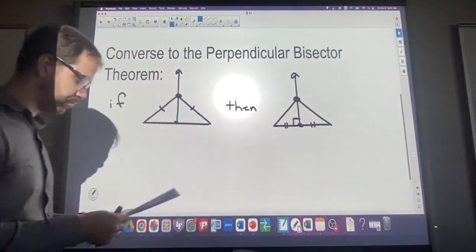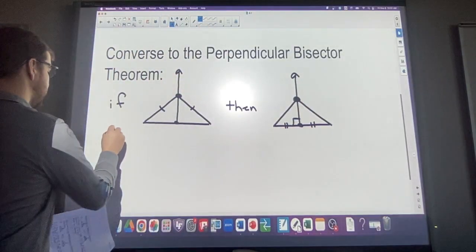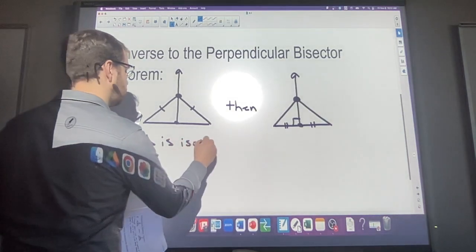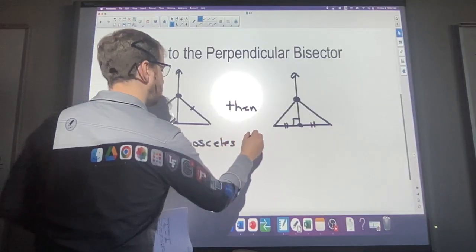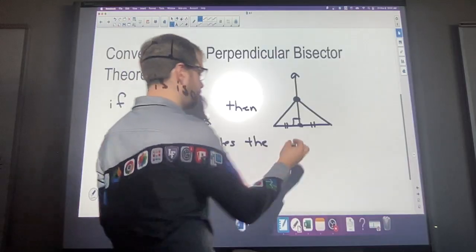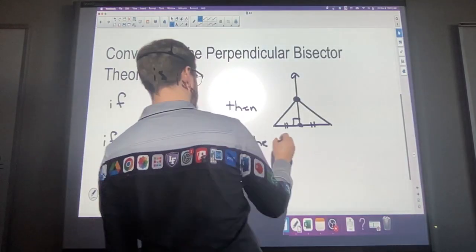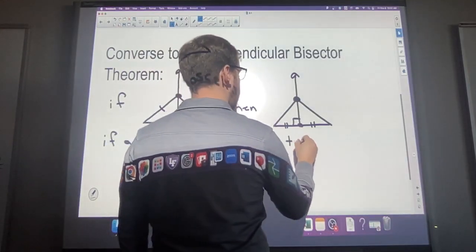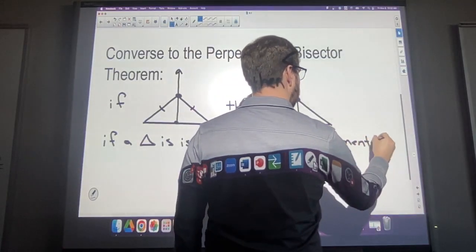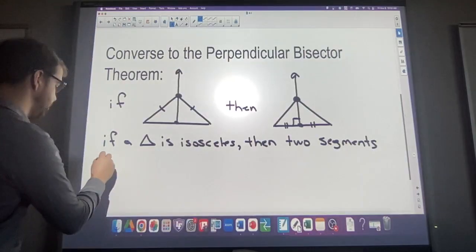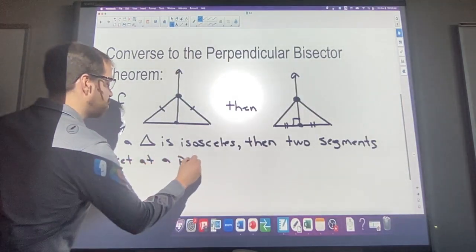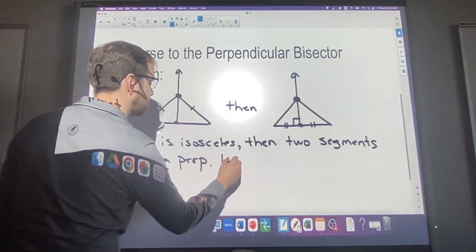Okay, good. So if a triangle is isosceles, then how can I phrase this? Then two segments must meet at a perpendicular bisector.